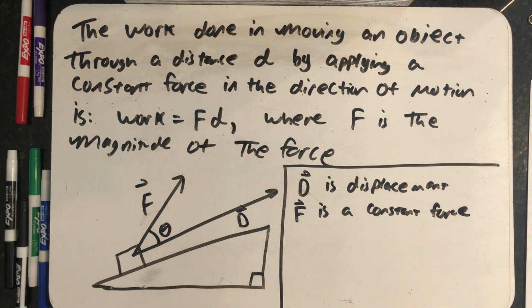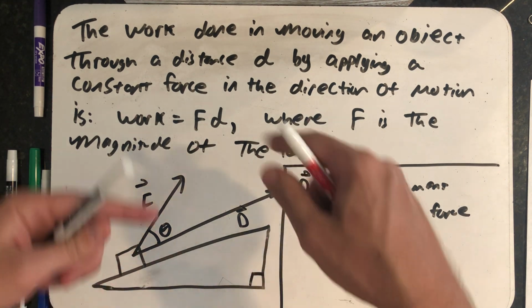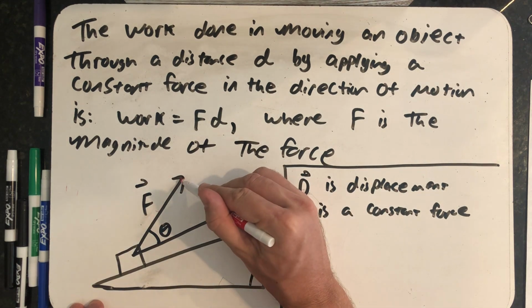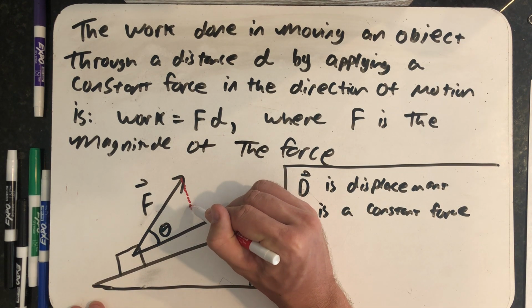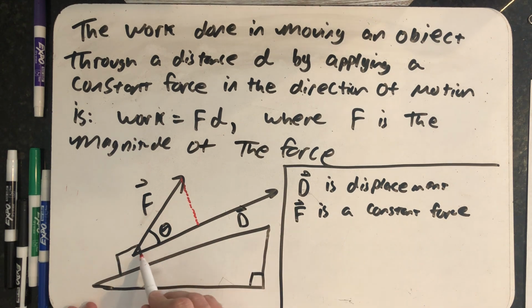Well, if I think about this just a little bit, I can translate this situation to this situation by imagining the amount of force applied in the direction of motion.